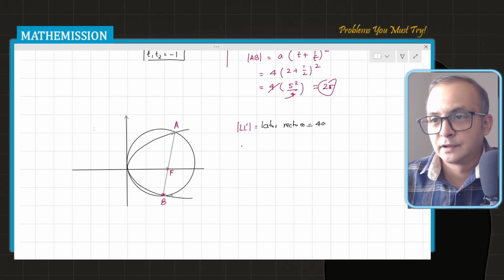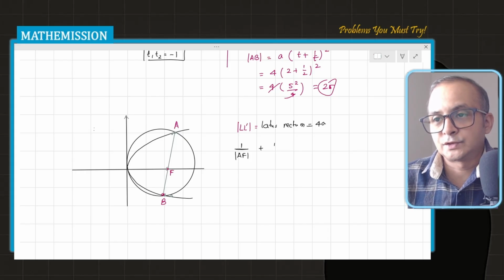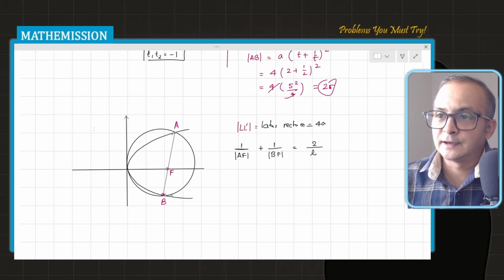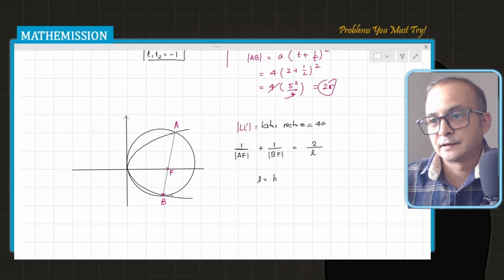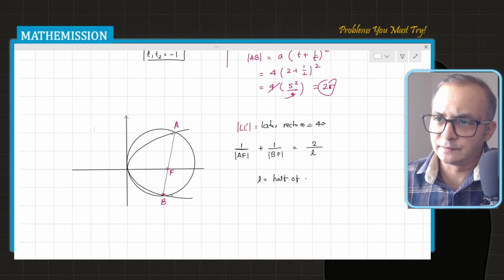What is that? 1 by AF plus 1 by BF is equal to 2 by L. L is half of the latus rectum, means the semi-latus rectum.